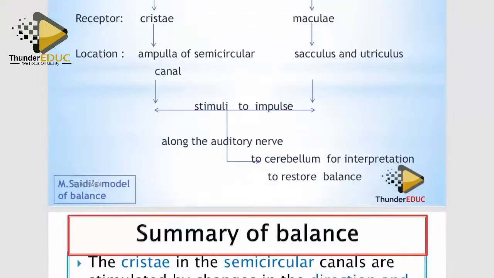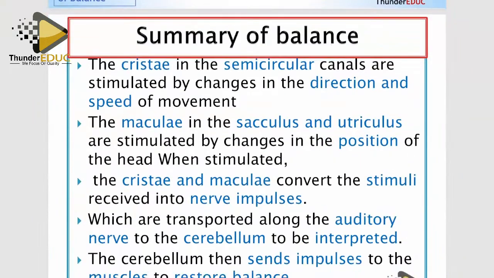That's balance. When you come back here, the same story. The cristae in the semicircular canal are stimulated by changing the direction and the speed of the movement of the head. The maculae in the circulus and the utriculus are stimulated by change in the position of the head.